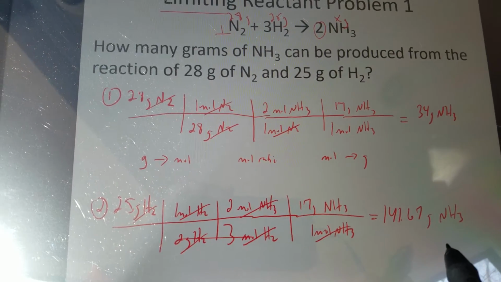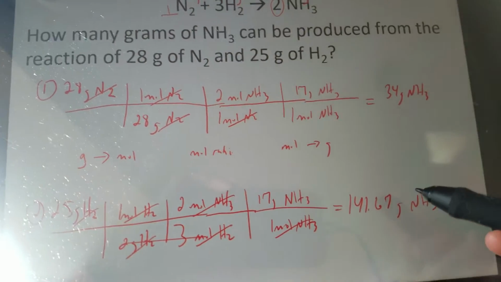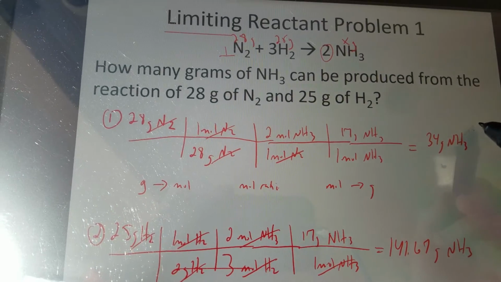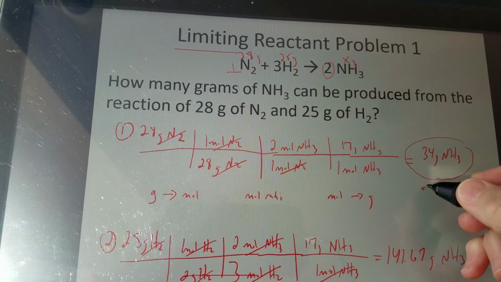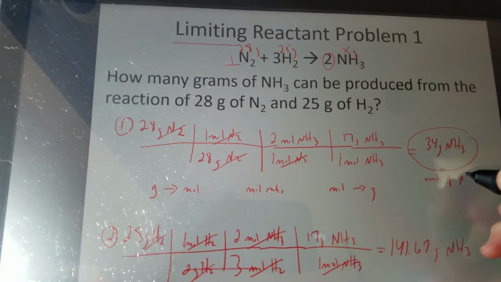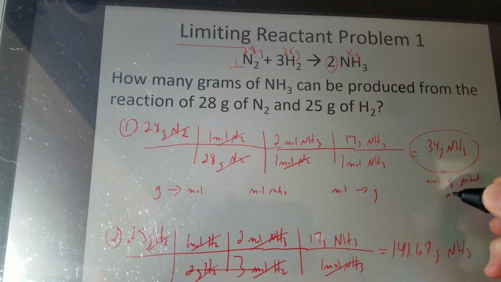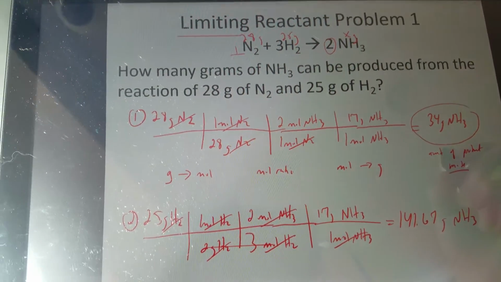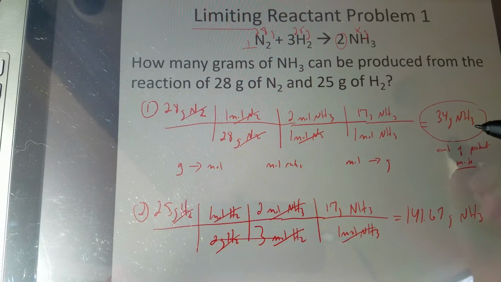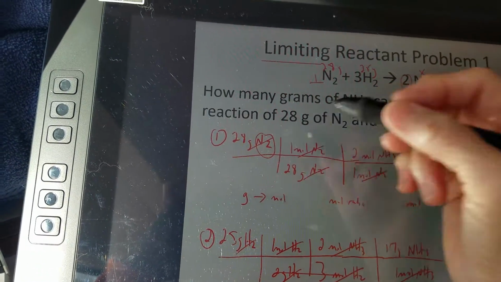So the next thing I want to do is look at my 2 amounts of product. I'm going to pick the lower one. That's exactly the amount of product that I can make. So the reactant that limited this quantity was my nitrogen.